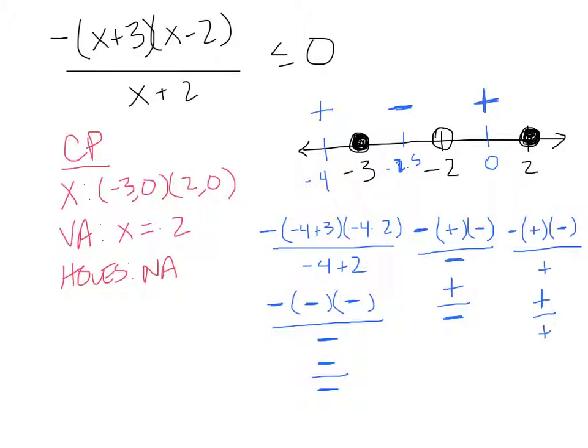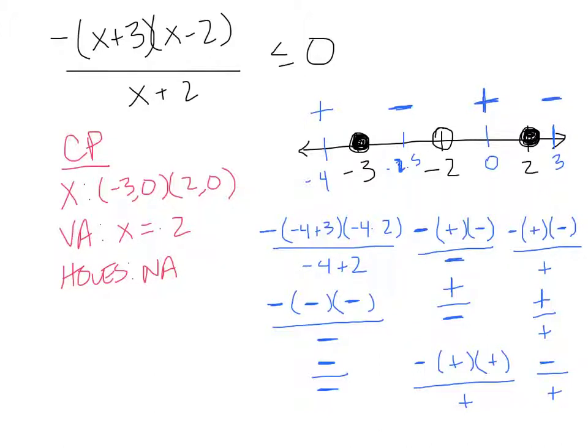So last but not least, I need to pick something on the last interval, which is 3. So again, I'm going to use my signs. That means we need to go negative times 3 plus 3 is positive. 3 minus 2 is positive. Over 3 plus 2, which is positive. So I end up with a negative over a positive, which is a negative.